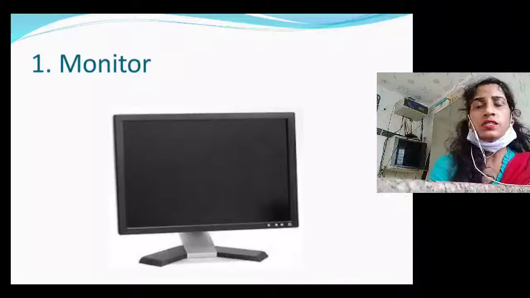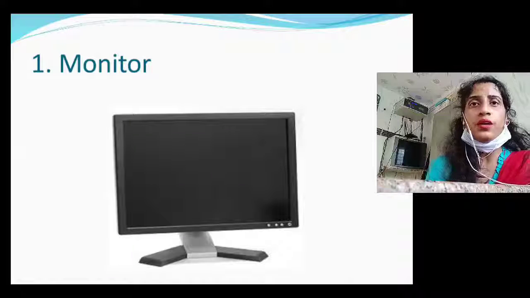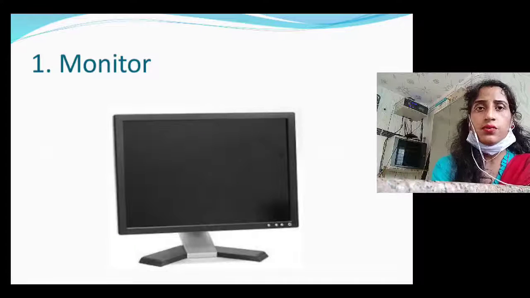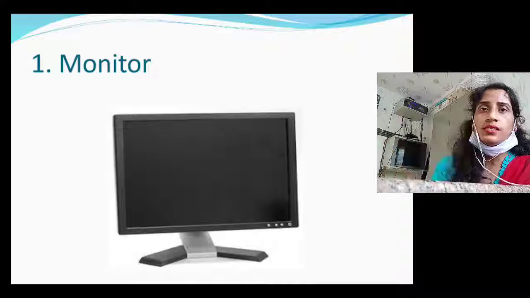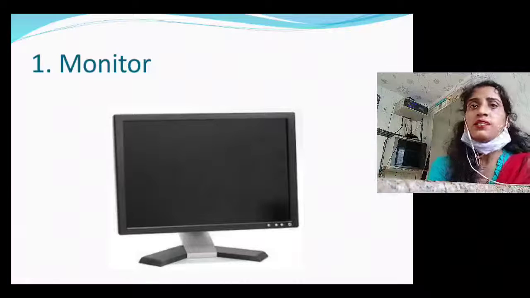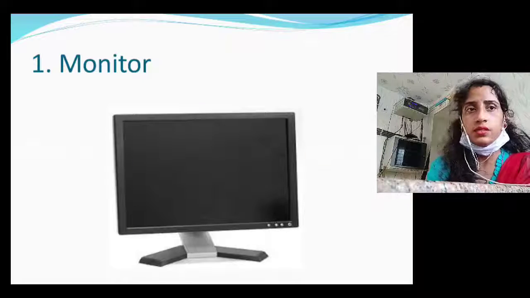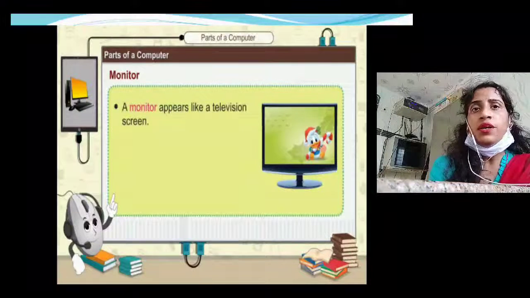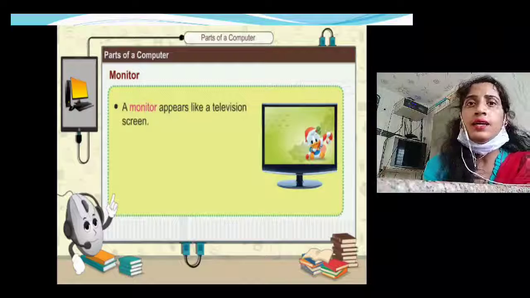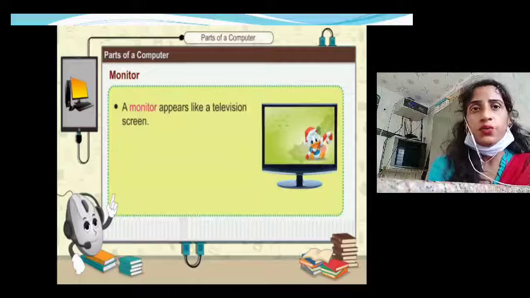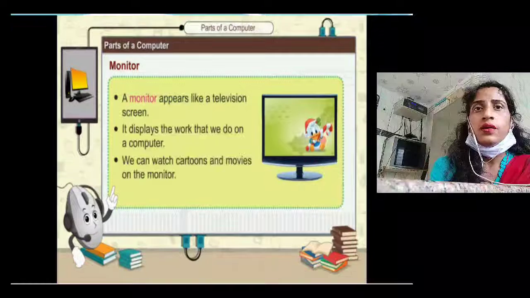The first part of your computer is the monitor. Have you seen this picture, students? This picture looks like a TV screen. So we can say that the monitor looks like a TV screen. Monitor appears like a television screen.